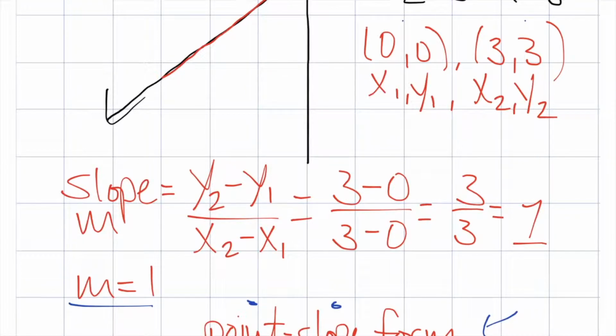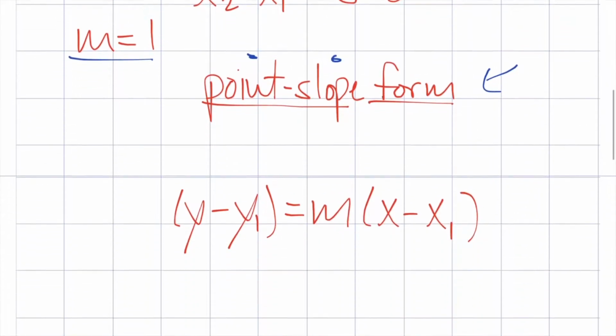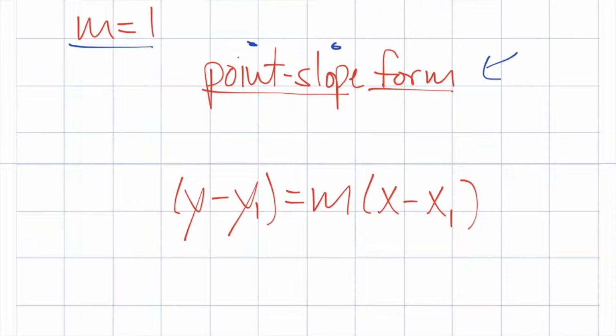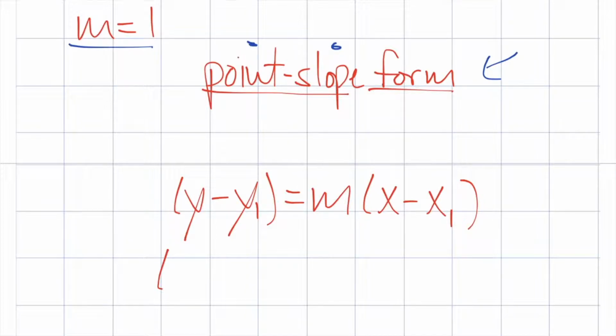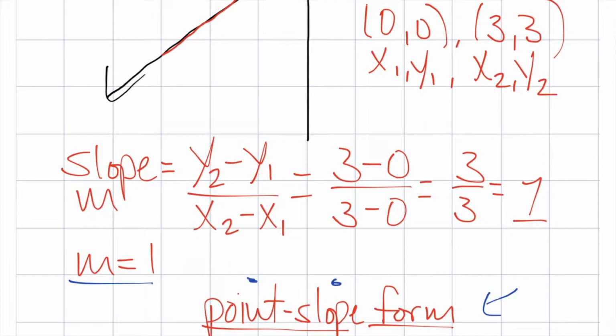So let's go ahead and just plug in. y minus y1. So we have 0, 0 and 3, 3. I'm going to use 3, 3 just so you can see what it's like with numbers, because with 0, 0 it's really easy.